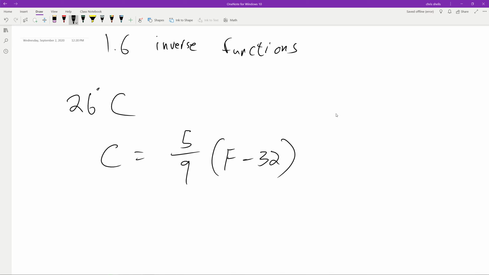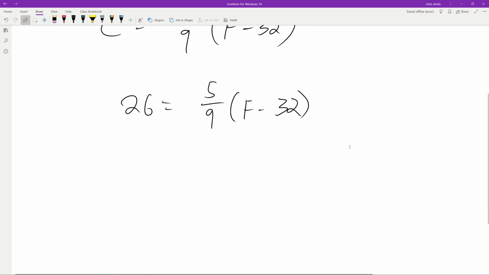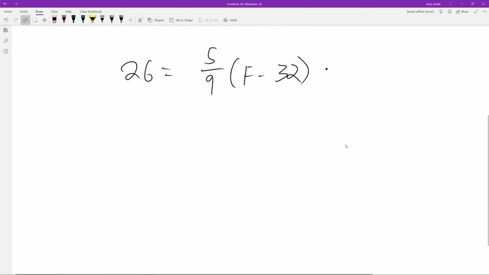So if I wanted to convert 26 degrees Celsius to Fahrenheit, I could just plug in 26 for C, and this is 5 ninths times F minus 32, and I can solve for F here, right? I can multiply both sides by 9 fifths to get rid of this 5 ninths.